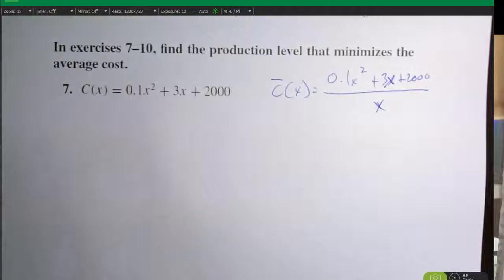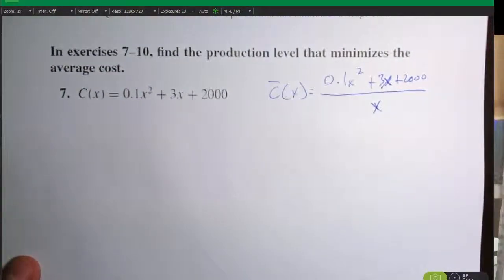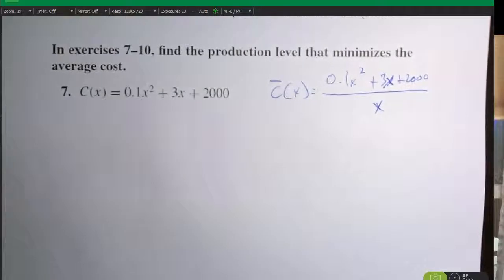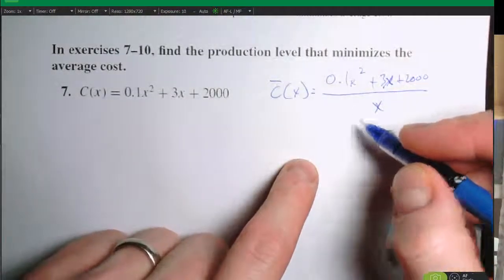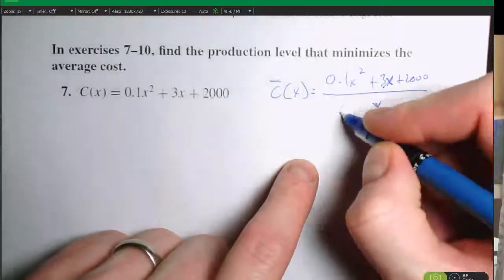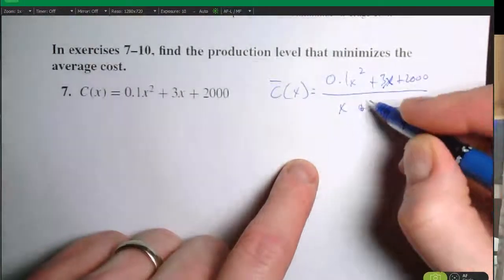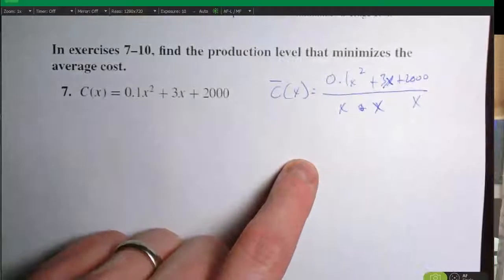Trying to make that stand out a little bit more. So now we'll just do that derivative. It's going to be a quotient, or we could make it a little easier on ourselves. In this case, this is a polynomial over another polynomial, and that's actually what the book does. The book splits it up and puts them all over x.